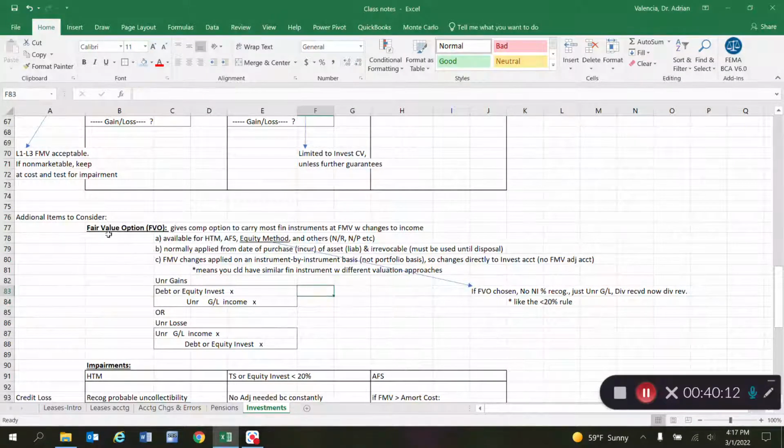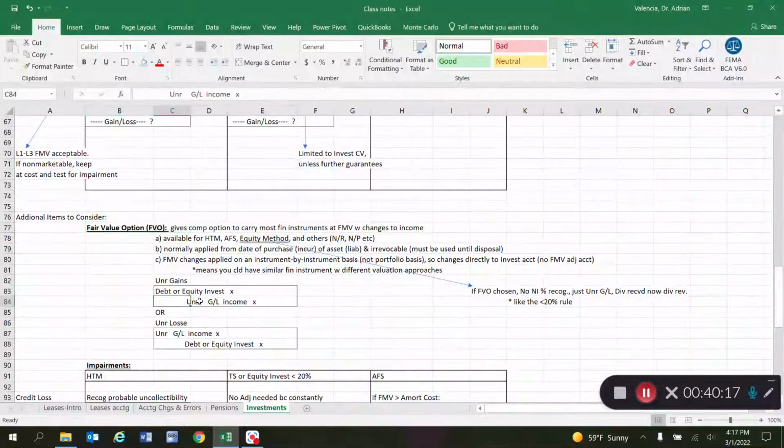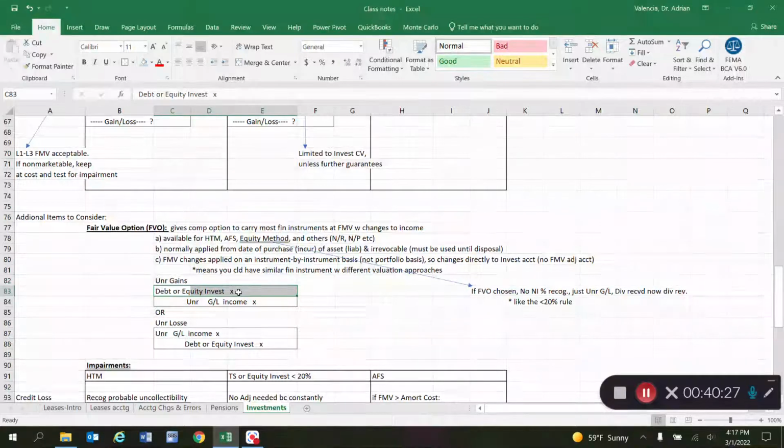If we do choose the fair value option for whatever instrument it is, if we have gains, they go straight to income. If we have losses, they come out of income. But the other side of it is directly into the debt or equity investment itself. We do not use a fair market value adjustment account.